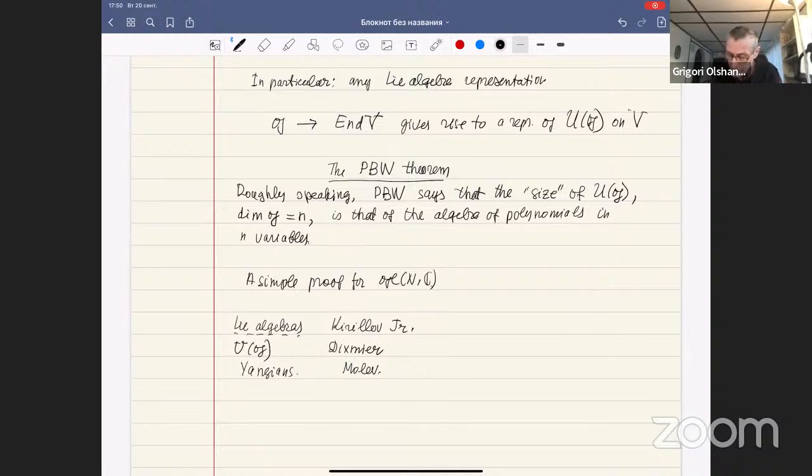So for me, the basic reference is the Molev book, and there is also a survey paper by Molev, Nazarov, and myself in Uspekhi Matematicheskikh Nauk, Russian Mathematical Surveys. It can be easily found, open access. So, okay, these are the main references.